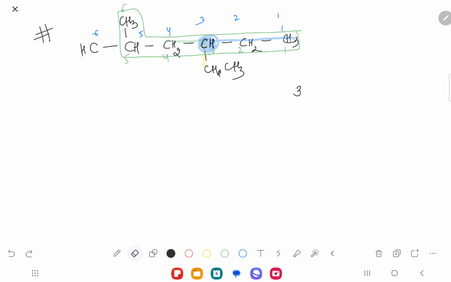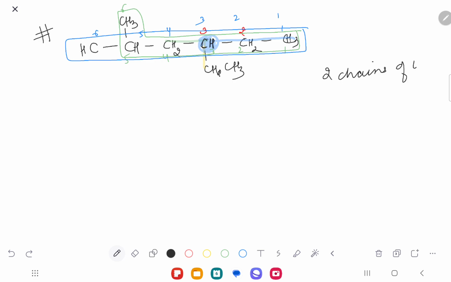Now from the green chain and the blue chain, you can choose either because they are of the same length. They contain the same number of carbons. So sometimes it happens that we have two chains of the same length, and there is a choice to make between them. You can't straight away choose any of them.